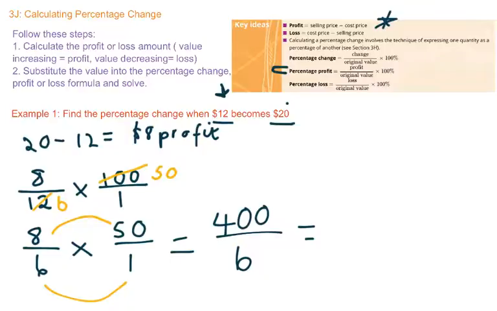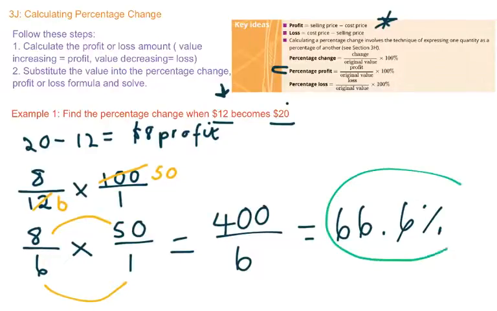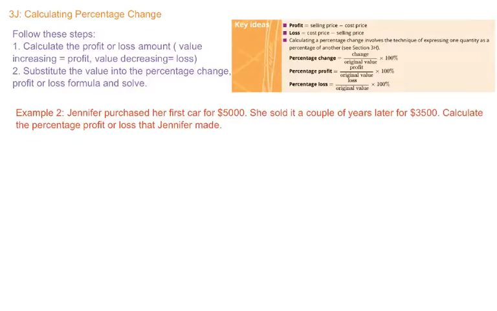And that should give us our percentage, which is 66.6%. Okay, that is our final answer. So what this is telling us is that when $12 becomes 20, it increases by 66.6%. All right?